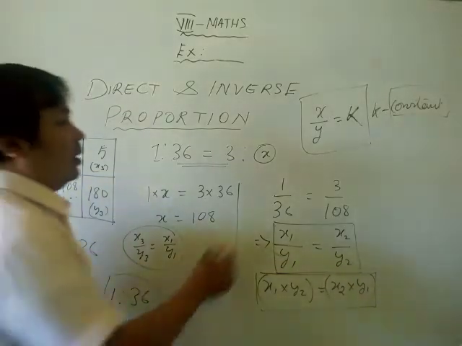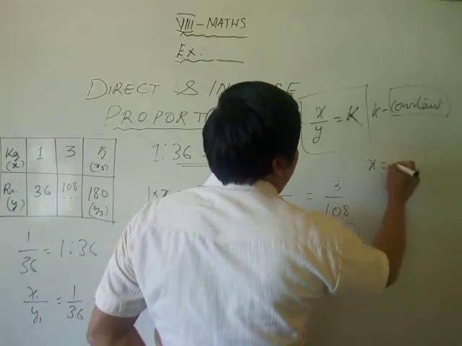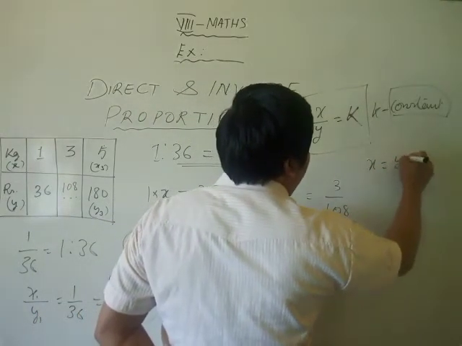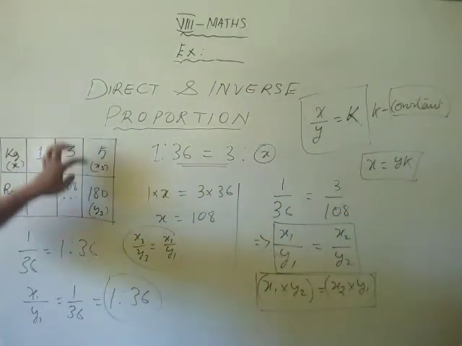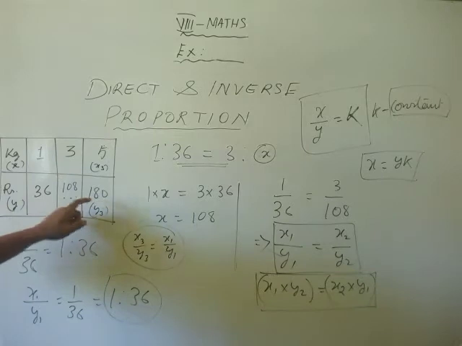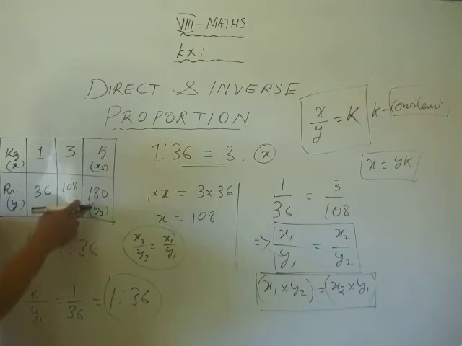So from here you have to find out. If you want to find out x, y equal constant. For example, if you want to find out the x, y and the constant.